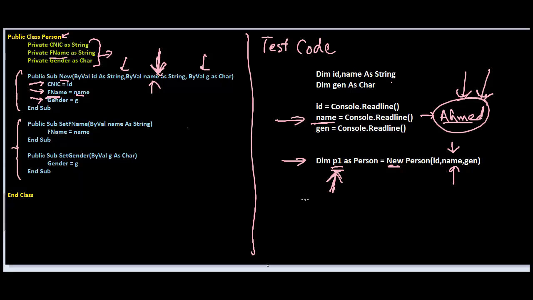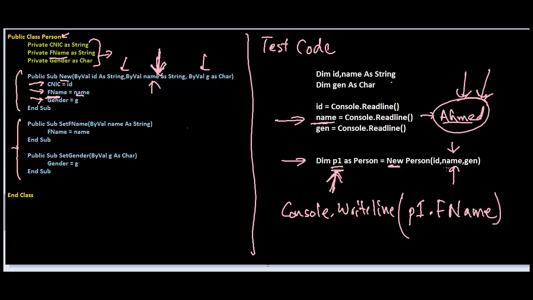Okay, now what if I do something like console dot writeline p1 dot first name? I want to print the first name. I'm trying to access first name, but this will not work out, as we've already discussed in the previous videos, because first name is what? Private.